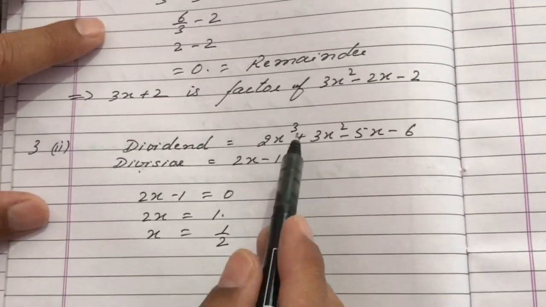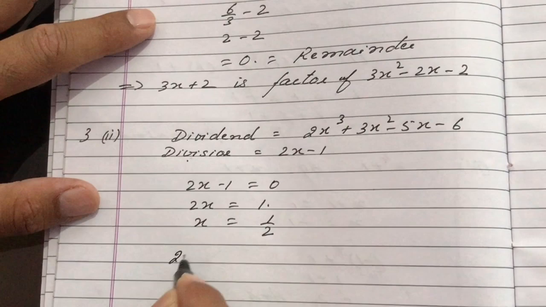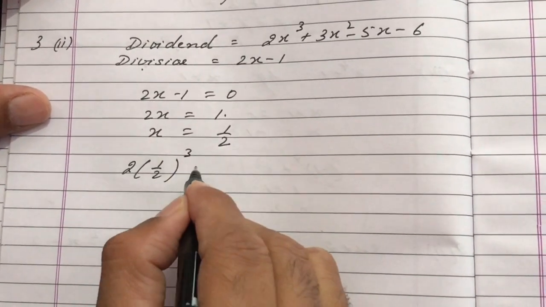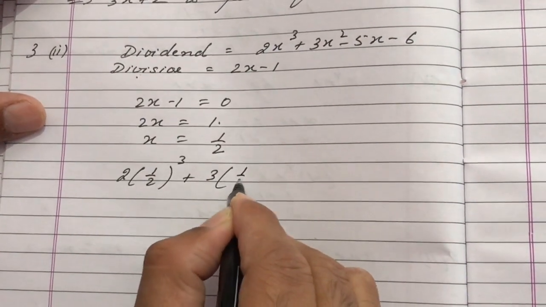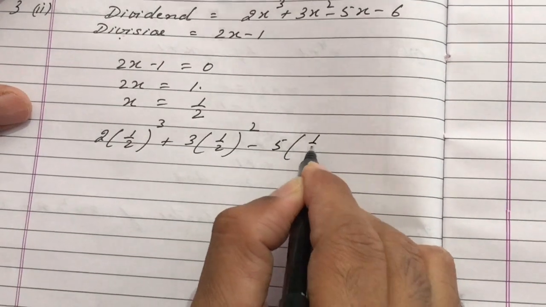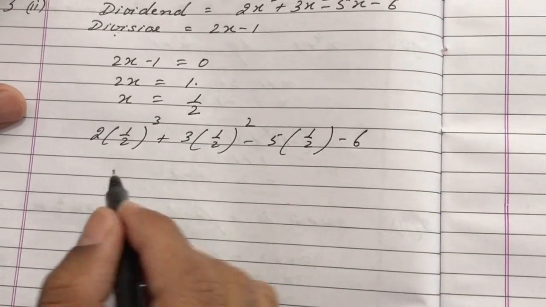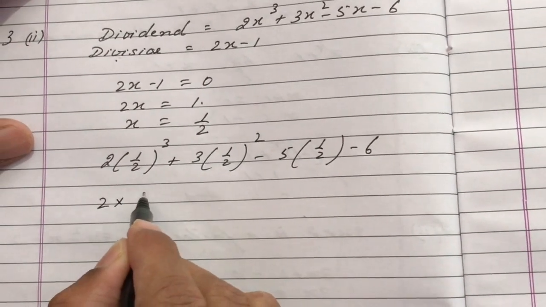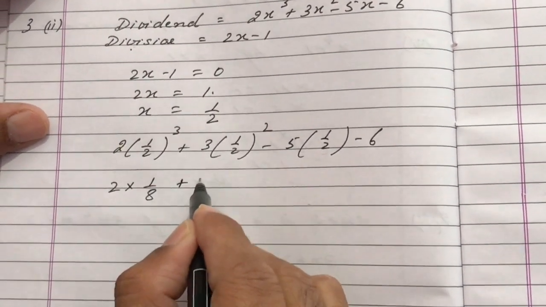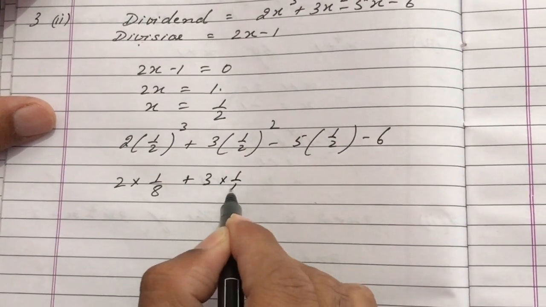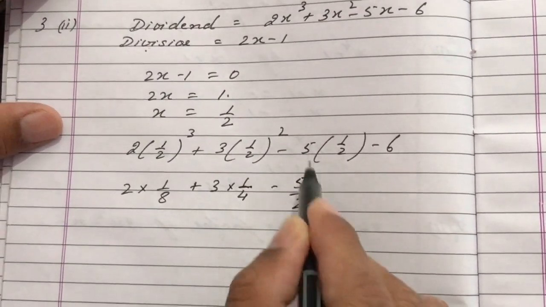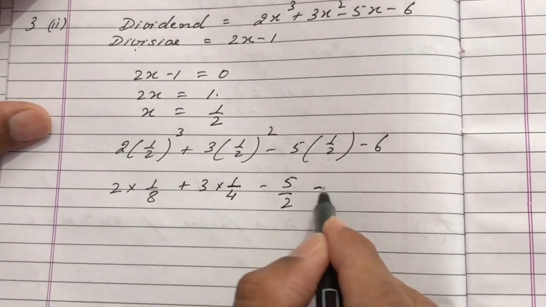Now I put this value in the dividend. 2 into (1 by 2) cube plus 3 (1 by 2) square minus 5 (1 by 2) minus 6. 2 into 1 by 8, cube of 1 by 2 is 1 by 8. 3 into 1 by 4 minus 5 by 2, 5 into 1 by 2, 5 by 2 minus 6.